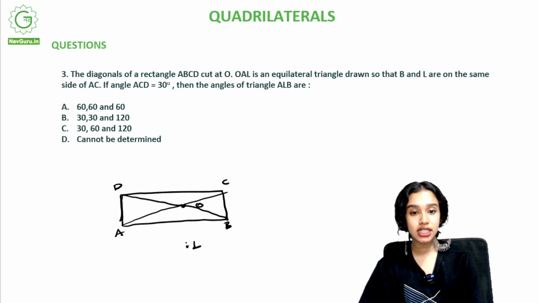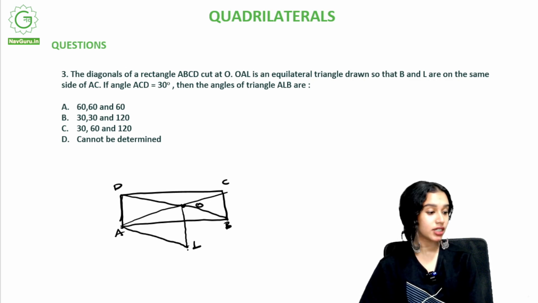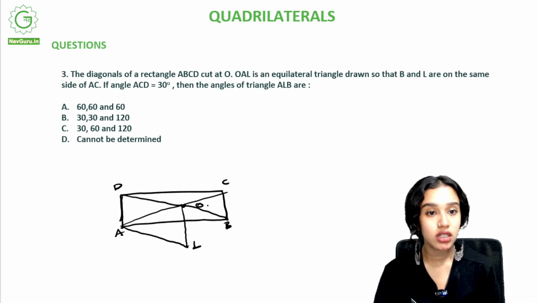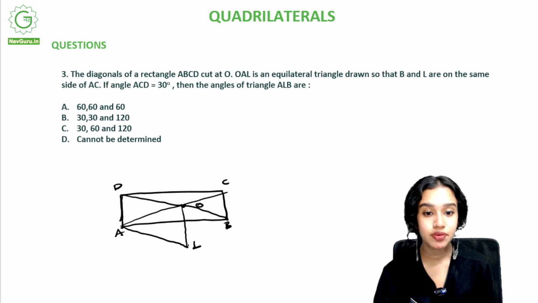OAL, right? So, let's take a point L here. So, this is the triangle OAL. So that B and L are on the same side of AC.